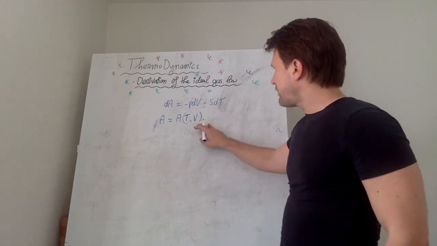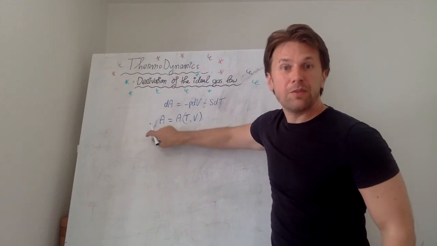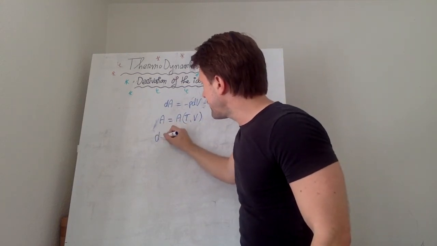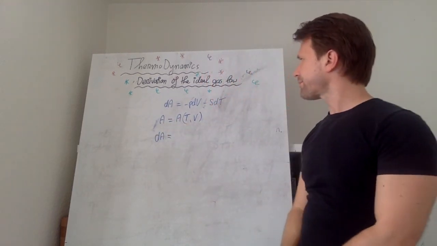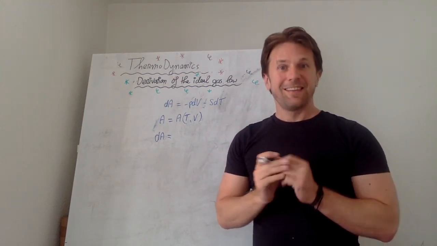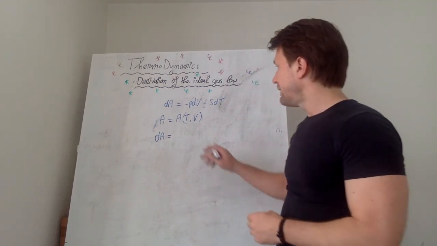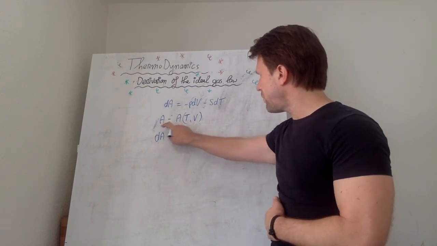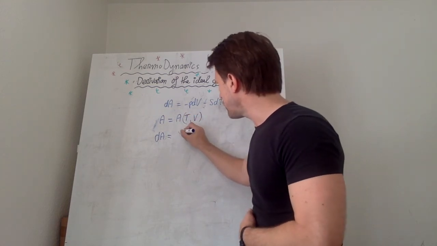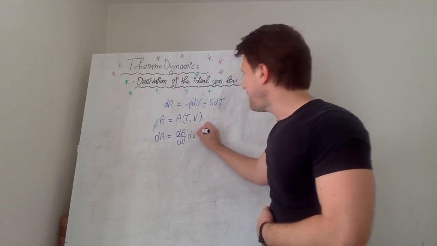Alright, now let's make a mathematical statement. Suppose I didn't know this physics part, I just know the mathematics part, I just know that it depends on T and V. If I, from this relation, try to get the smallness, dA, then I can use yet again a rule from differentiation. In differentiation you have the chain rule that says that if you take a derivative of something with respect to T and to V, you are to use the chain rule, which says, well, dA is the same as dA dV dV.